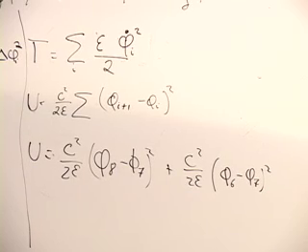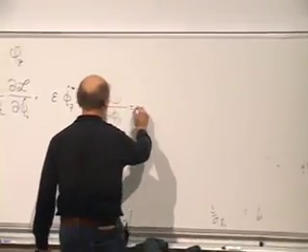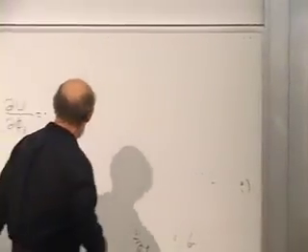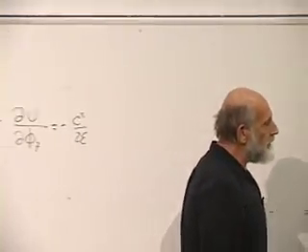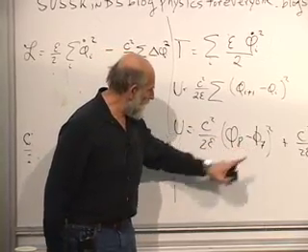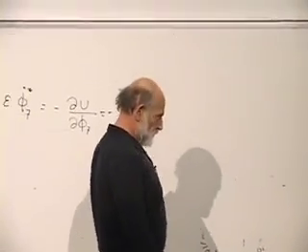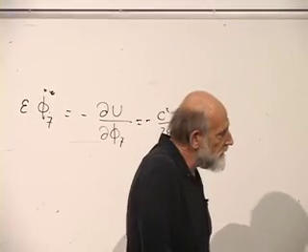Okay, now we have to write here dU by d phi 7. dU by d phi 7, first of all, contains c squared, the minus sign from the defining minus sign over here. And now c squared over 2 epsilon times the derivative of this thing here with respect to phi 7. What's the derivative of this with respect to phi 7? Well, it's twice phi 7 minus phi 8. Is that right? Yeah.